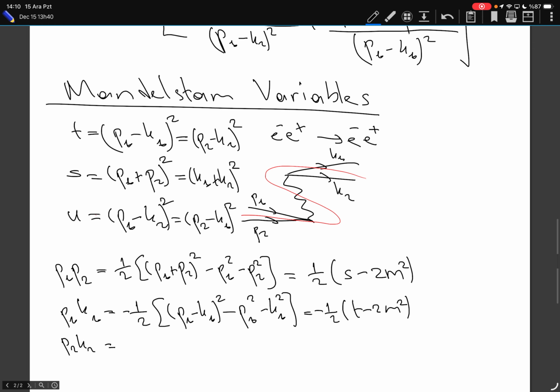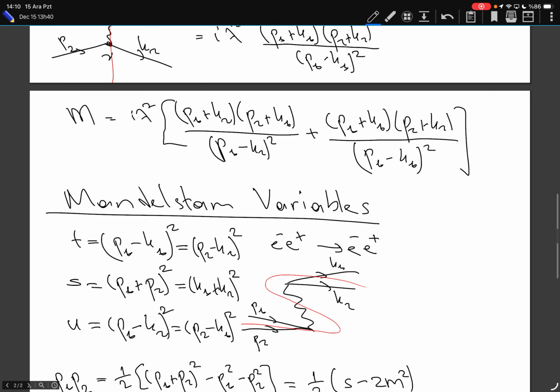Well, P2 K2 appear here again in T. And P2 K2 would be minus 1 over 2 of P2 minus K2 squared minus P2 squared minus K2 squared, which is again minus 1 over 2 of T minus 2M squared.